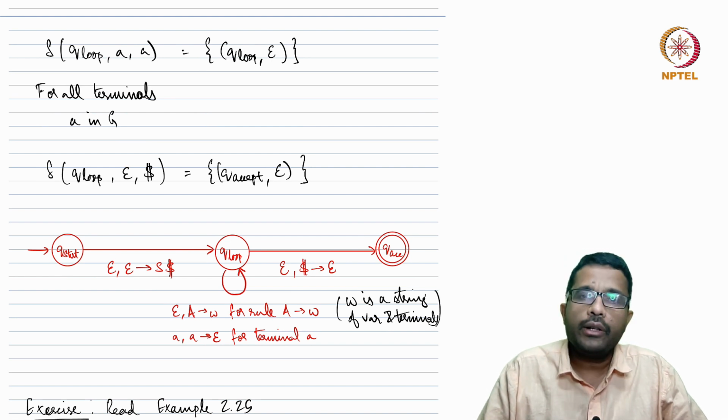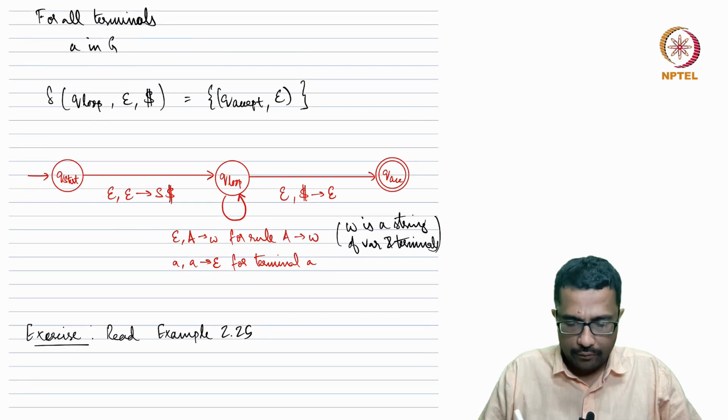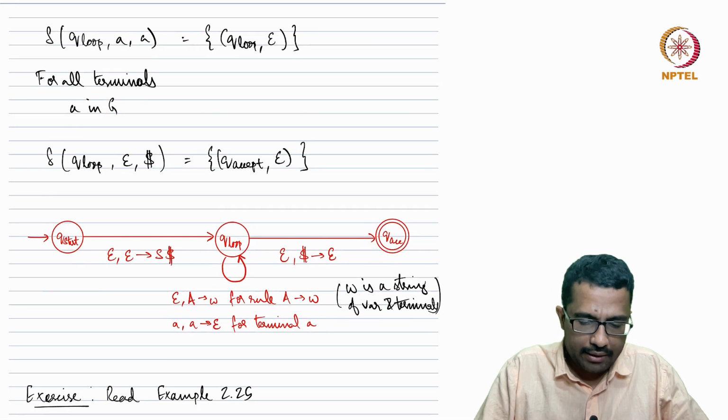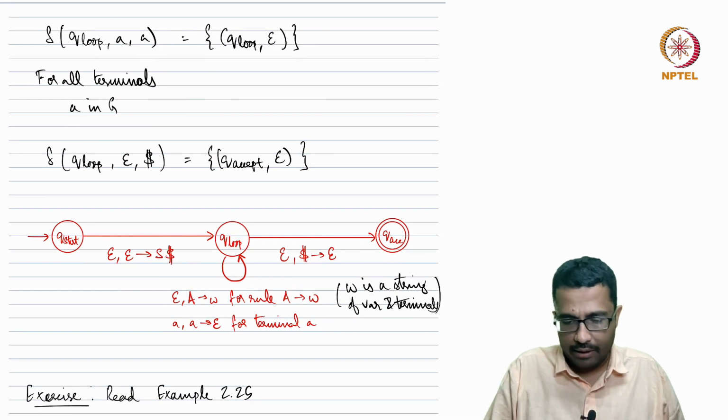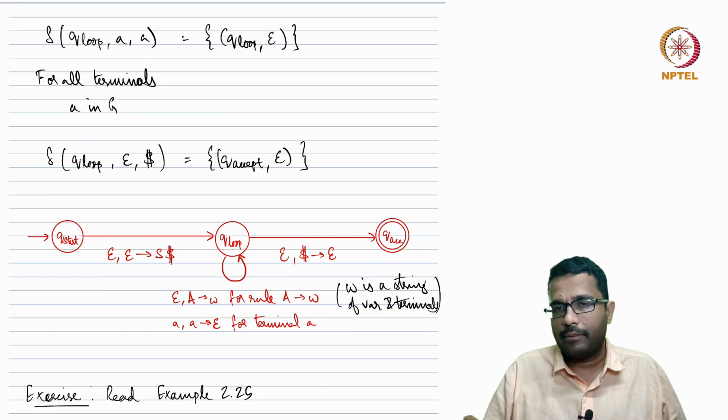So nothing more, nothing less. In the book there is this example 2.25 that you can read, which is another example of how you construct this. But the basic premise is simple. It's just these 3 rules, and then the Q loop has a bunch of rules depending on the grammar and the terminals.